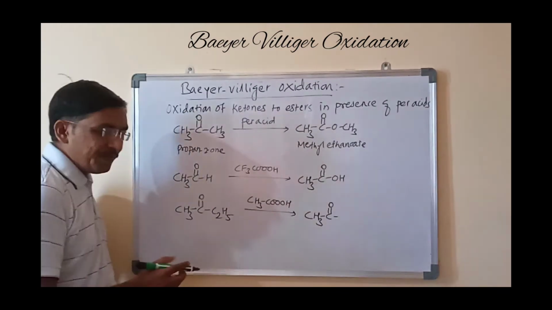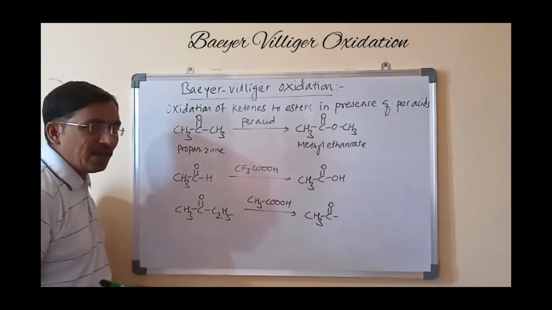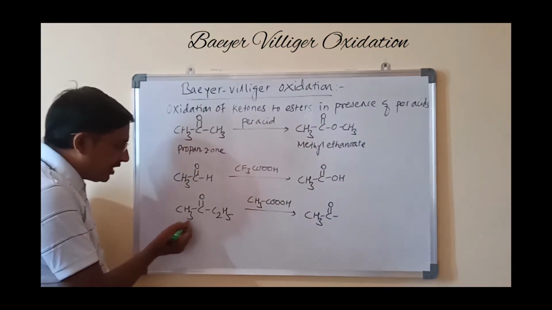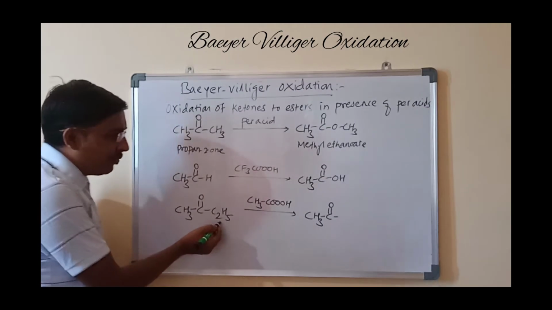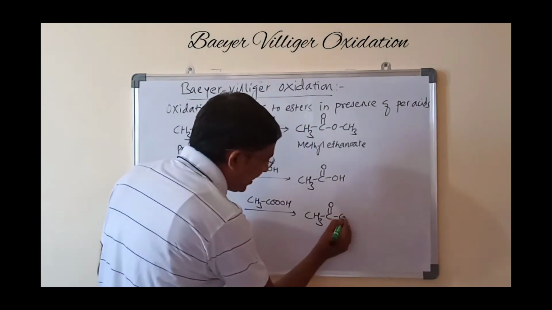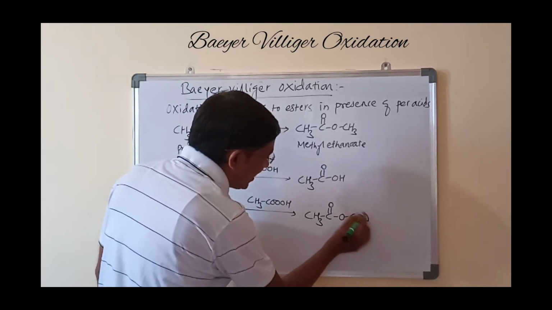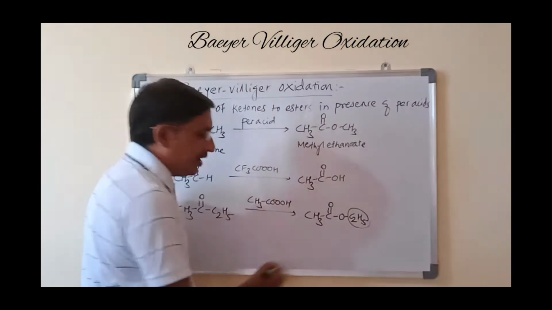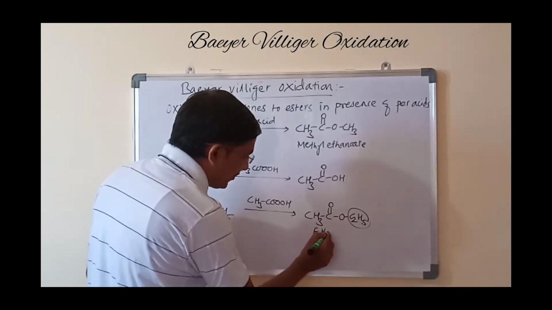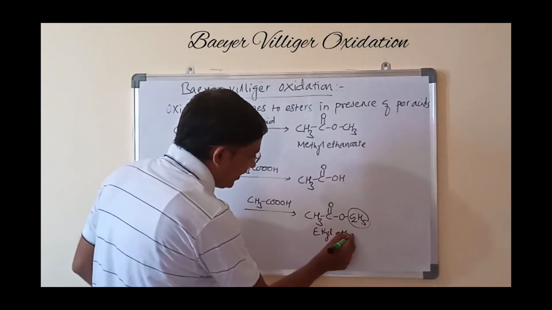Now we have to decide which is more electron donating. Compared to methyl, ethyl is the more electron donating group, hence the oxygen is inserted in between the carbonyl carbon and ethyl. Now this is ethyl ethanoate.